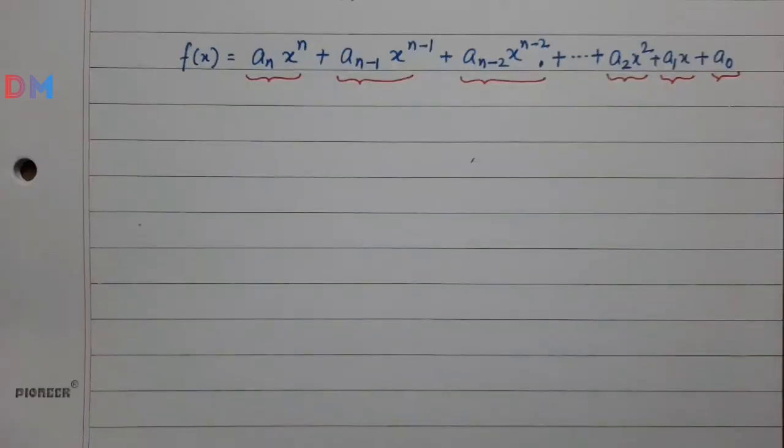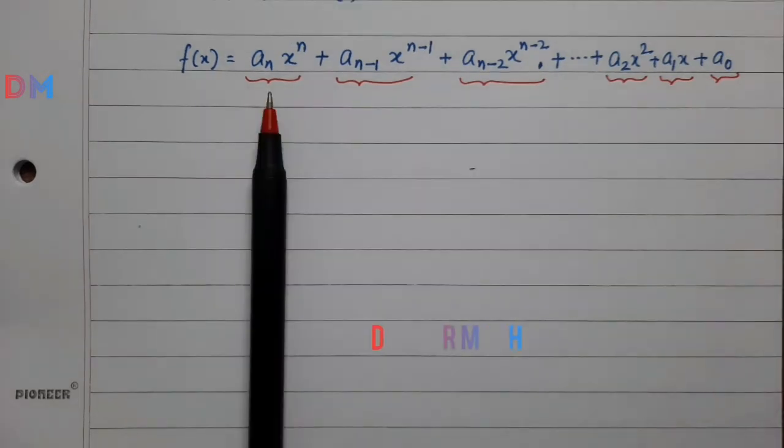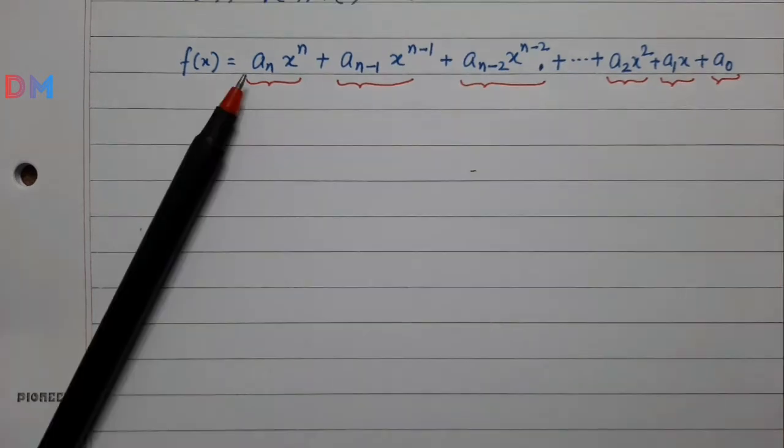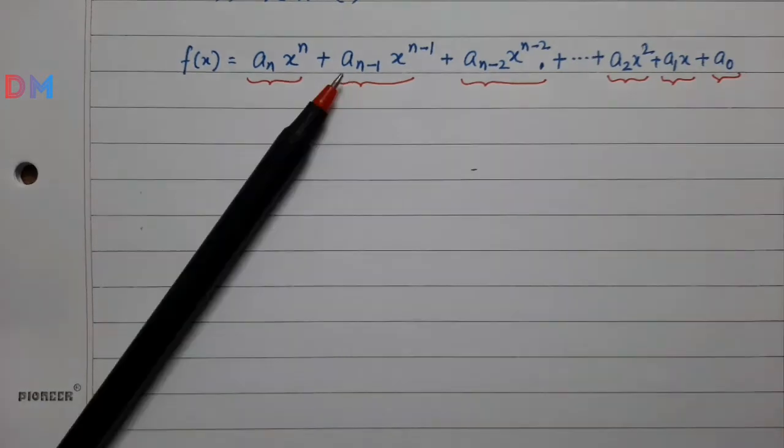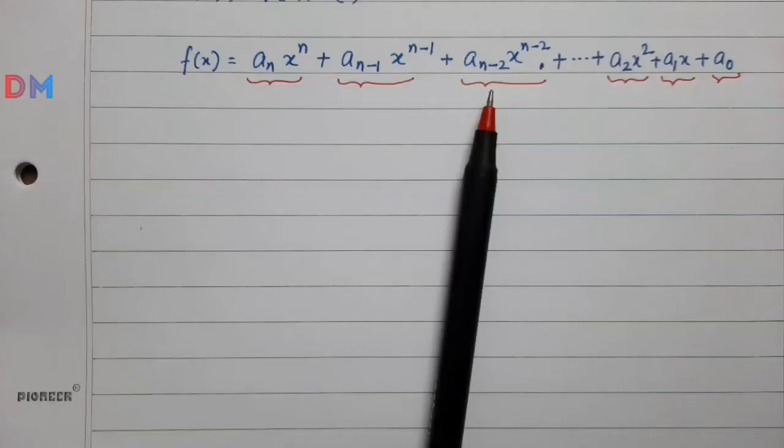Now all this marked with red pen are called terms, and this term is called the term of x to the power n, where a_n is the coefficient of x to the power n. This term is called the term of x to the power n minus 1, where a_{n-1} is called the coefficient of x to the power n minus 1.